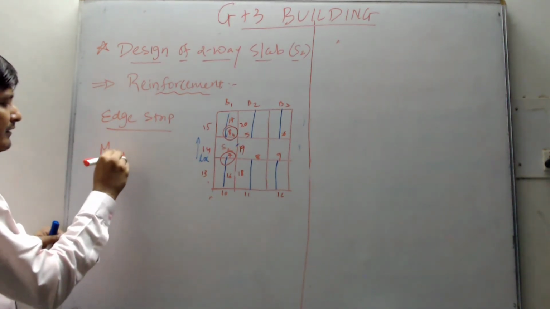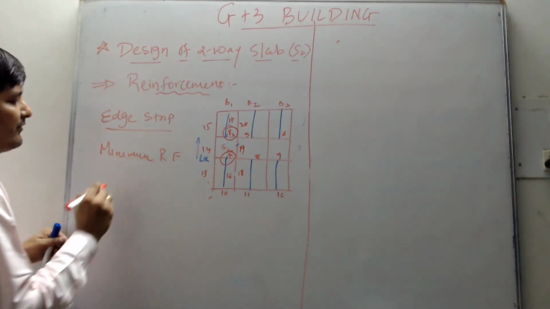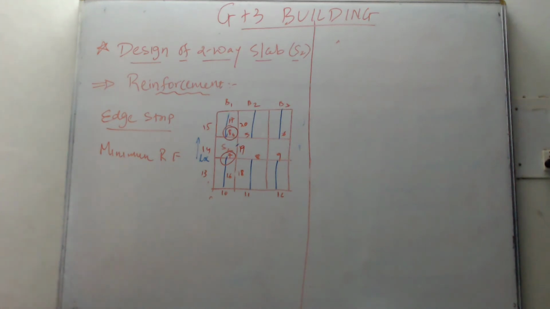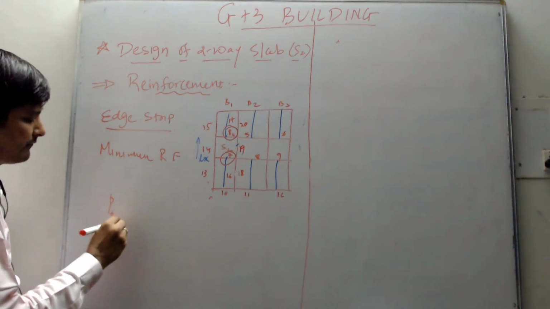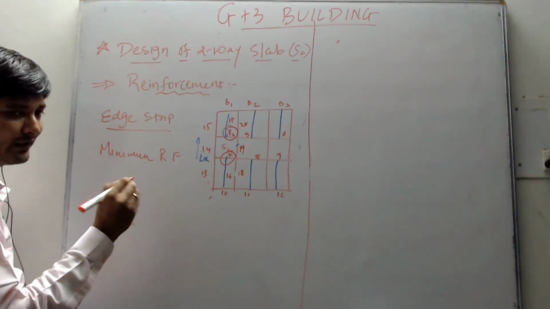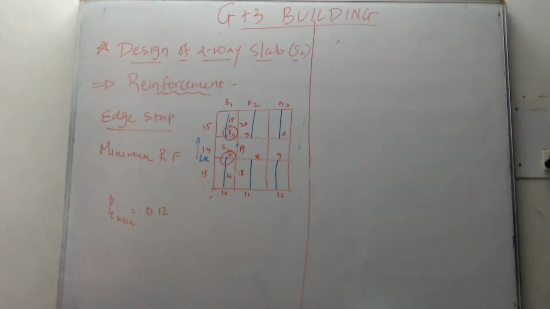So the minimum reinforcement, as you can see in the IS code, Pt minimum given in slab for Tor steel is 0.12 percent.